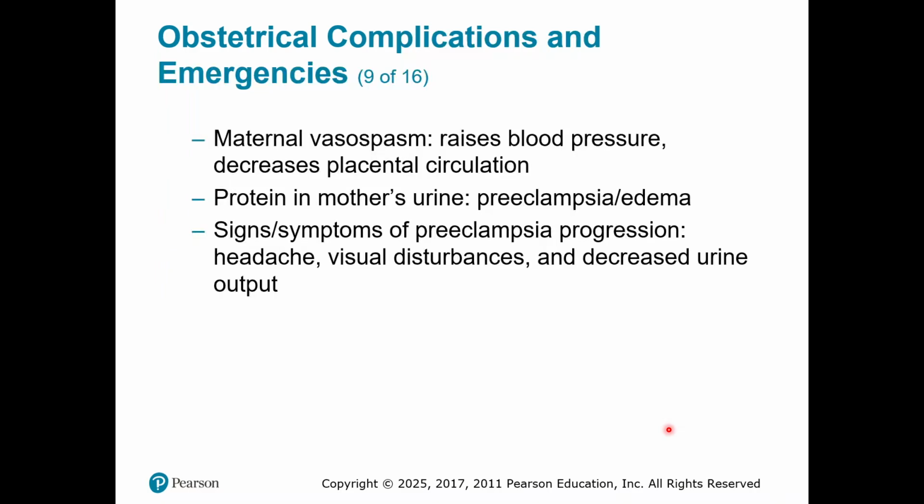Maternal vasospasm raises blood pressure and decreases placental circulation. Protein in the mother's urine can lead to preeclampsia or edema. Signs and symptoms of preeclampsia progression are headache, visual disturbances, and decreased urine output.